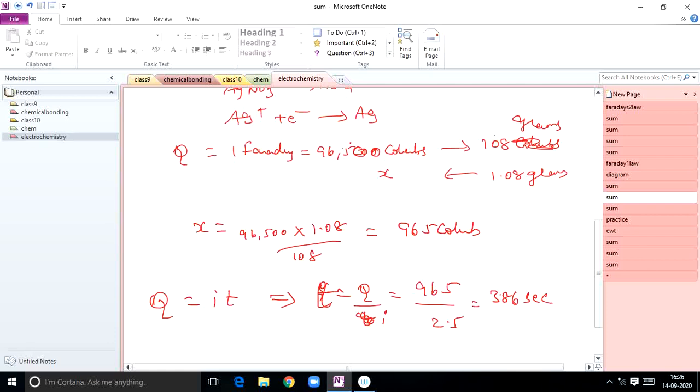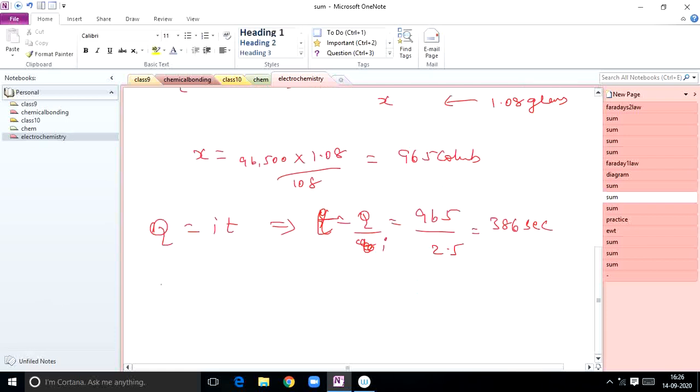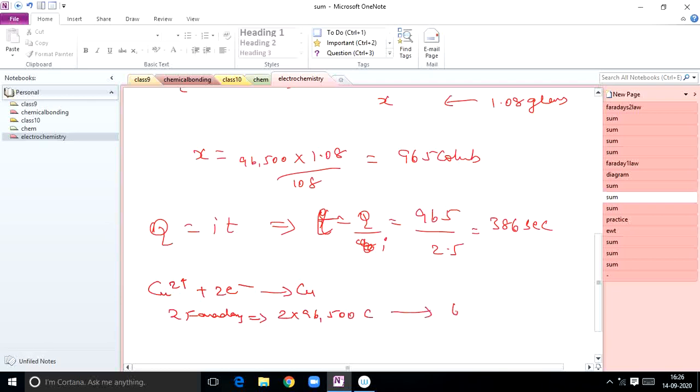Next, he is asking about copper. Copper means here Cu2+ plus 2 electrons gives rise to Cu. In order to deposit, how much quantity? 2 Faraday, that implies 2 into 96,500 coulombs of electricity is required to deposit 1 mole of copper, that is 63.5 grams of copper.